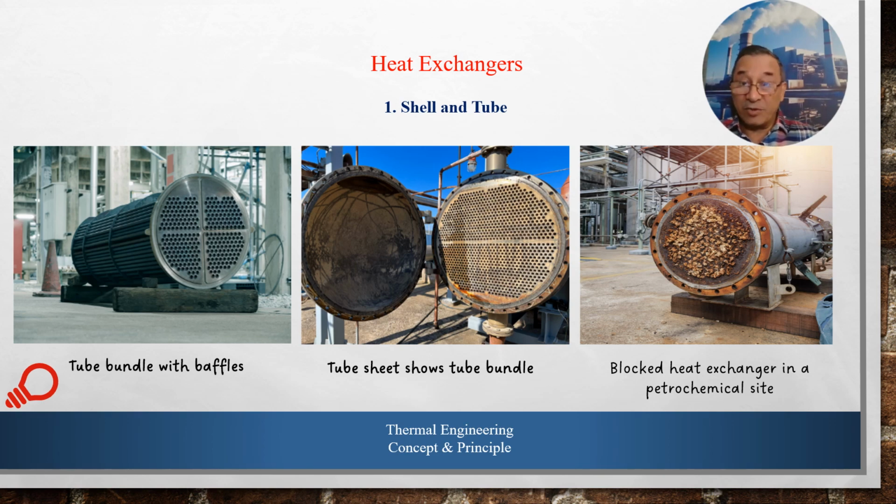It seems these tubes are completely blocked, so there is no possibility for heat to be exchanged. In this case, we have to stop the utility, take the heat exchanger off and clean it, and then return it back to service.